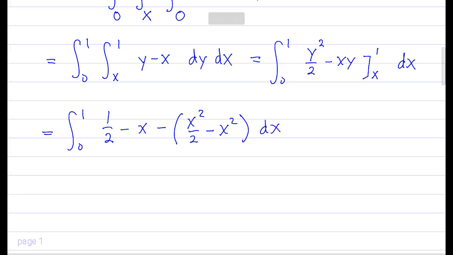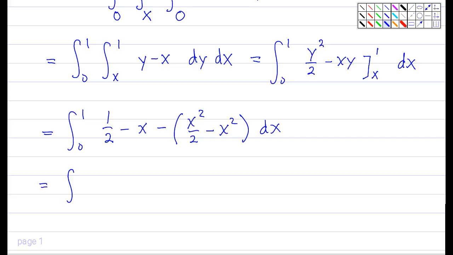At this point, we've got an integral like you would have seen in single variable calculus. I think I'll simplify first. 1/2 minus x. x squared over 2 minus x squared is minus x squared over 2.